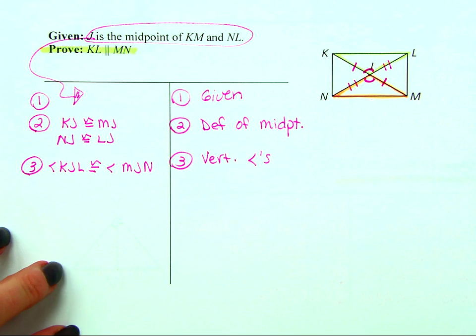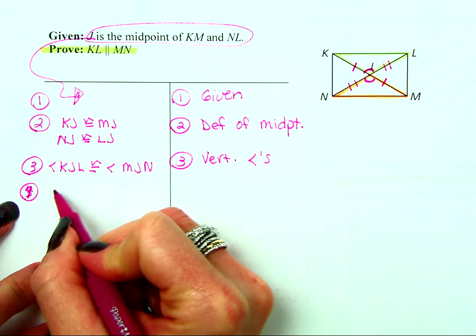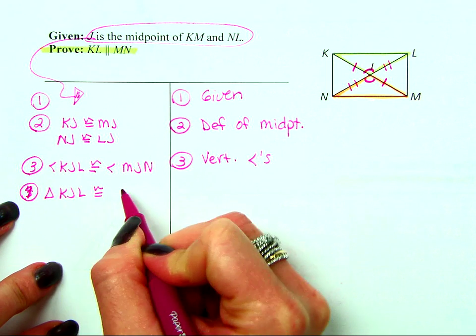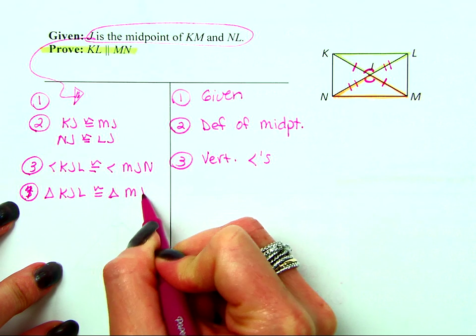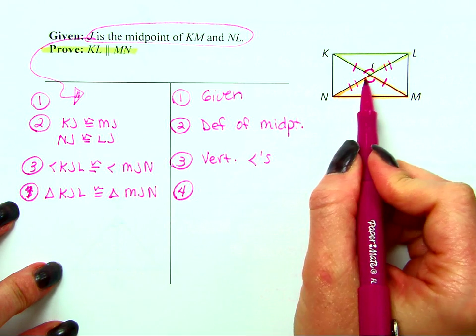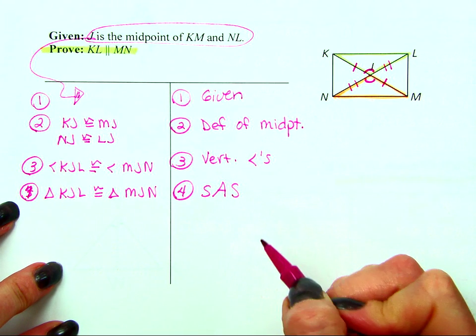And now, in fact, I have congruent triangles. Step 4, my triangle KJL is going to be congruent to triangle MJN because I am showing side angle side. So I'm showing the SAS shortcut on both of those triangles.